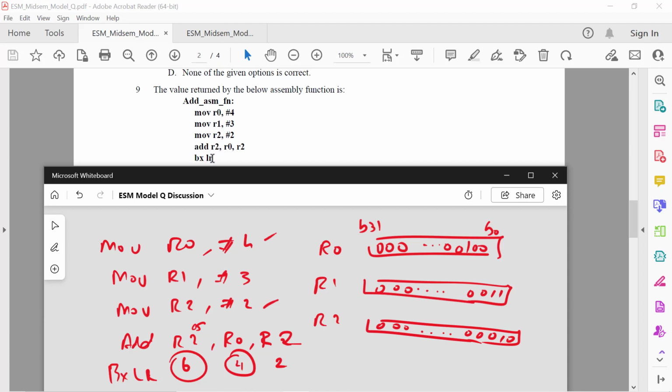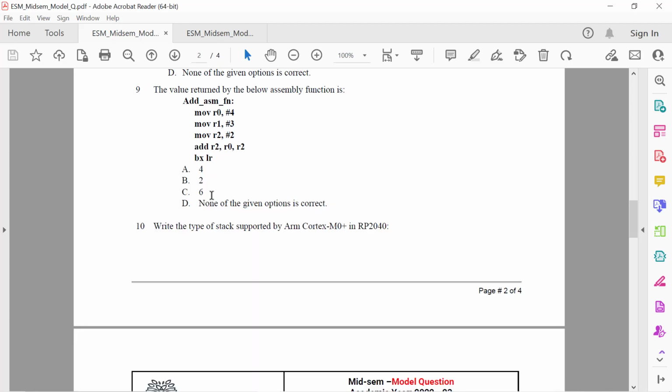Now when I do BX LR, the receiving function is not going to bother what value is there in R2. It is going to look at only R0 because it always assumes that you are returning the value in R0. So the value returned by the below assembly function is 4, not 6 or 2.